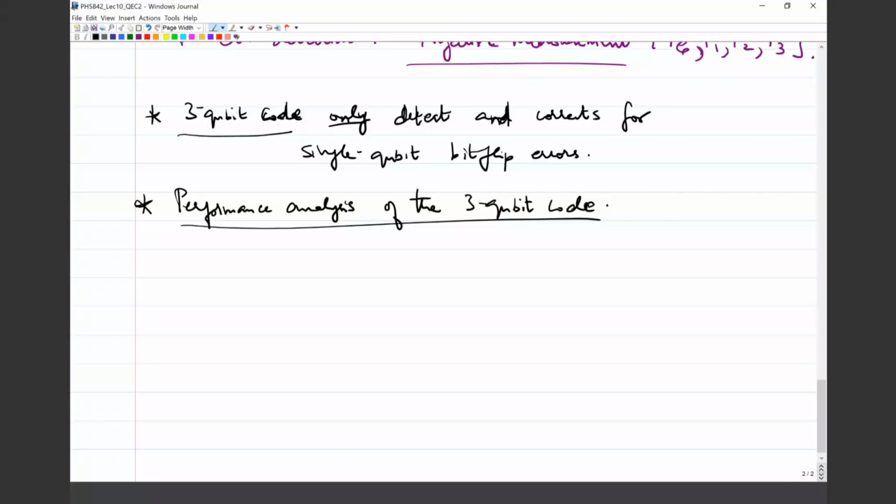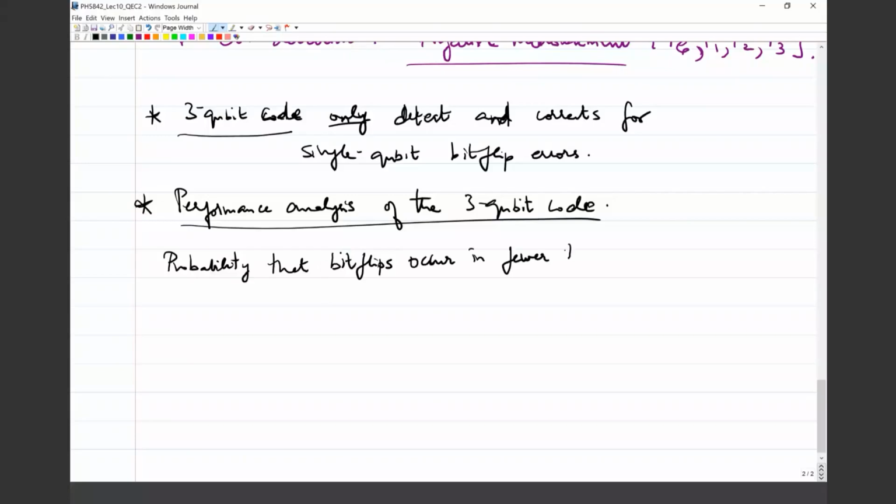So let us look at the probability that only single qubit. So let me put it this way. So what is the probability that bit flips occur in fewer?